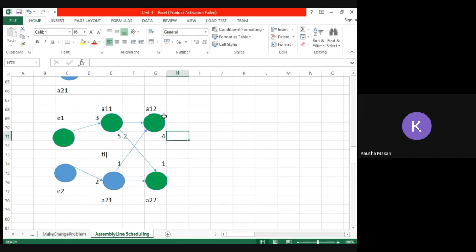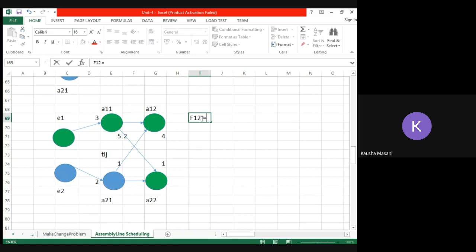Now I have to find the finishing time at A12. So I'll write F12. At A12, I want to find the finishing time.